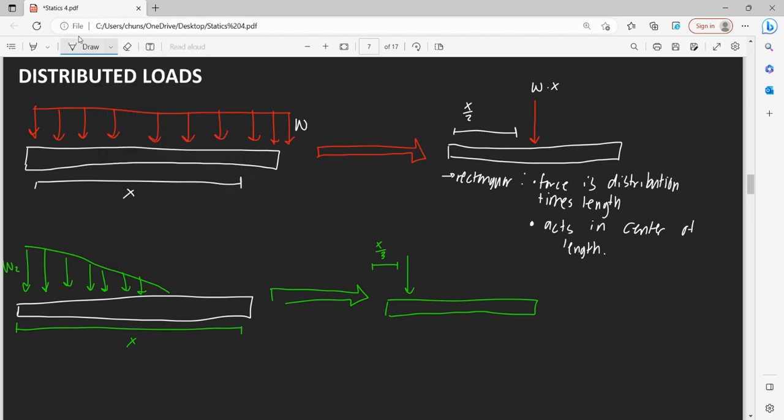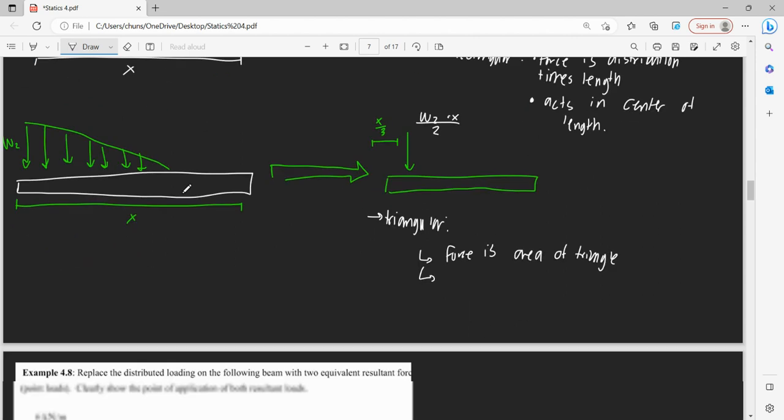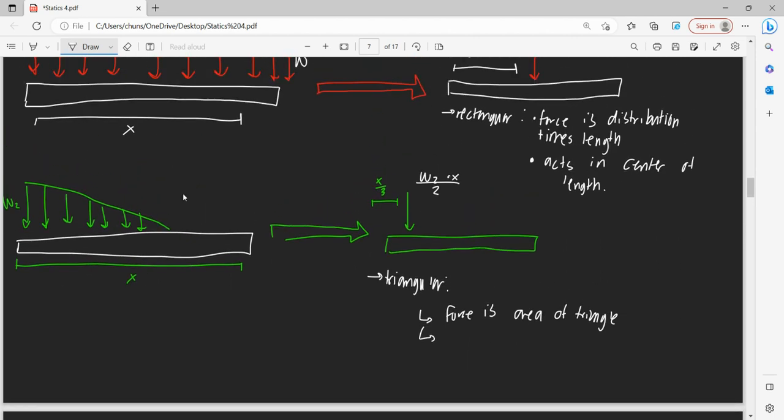And for triangular loads, force is the area of the triangle. So if I were to write that out, that'd be w times x over 2. And it will act at 1/3 length from the thicker end.